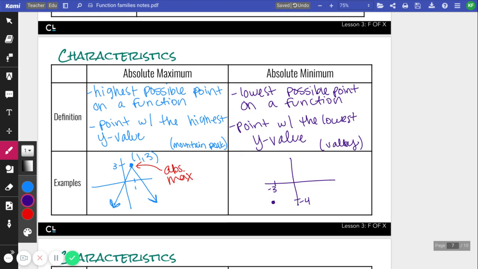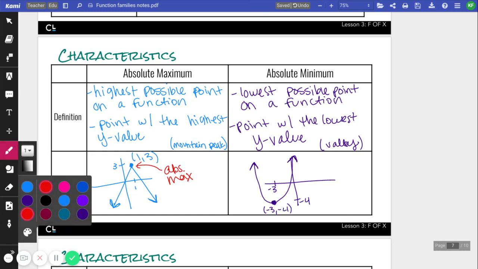In order for this to be an absolute minimum, my function would need to go up from that point like this. So it would be like an upwards facing U. It could also be an absolute value graph. Either one, quadratic and absolute value, both can have a minimum or a maximum. So this point right here at (-3, -4), that would be our absolute minimum.